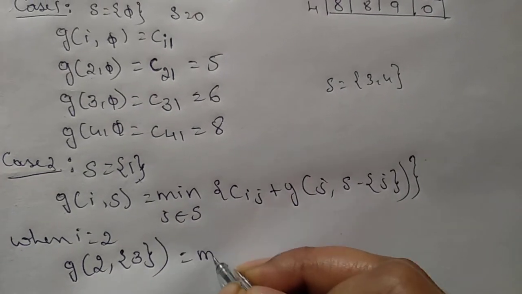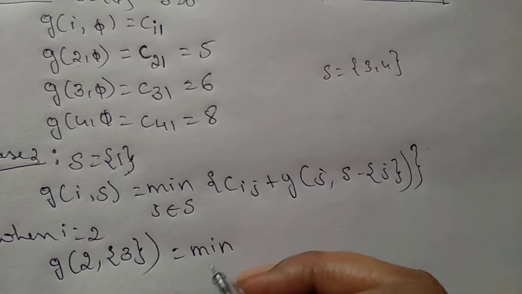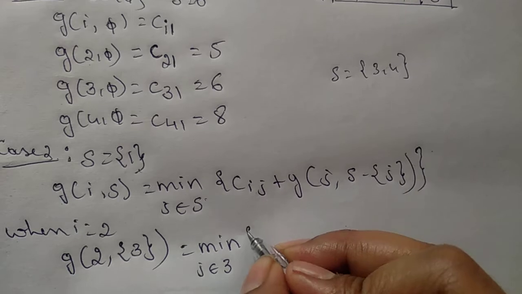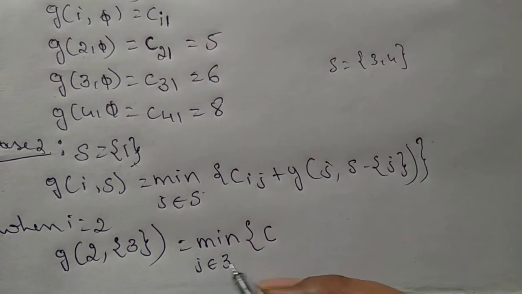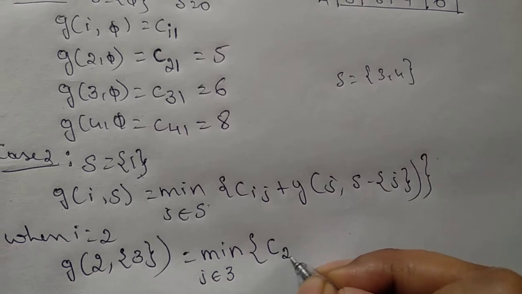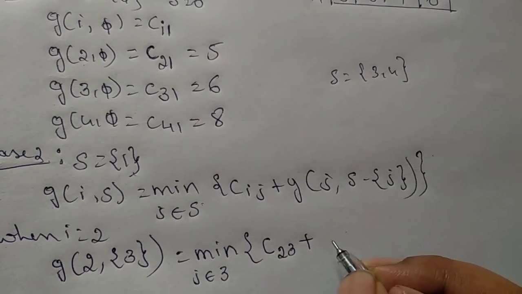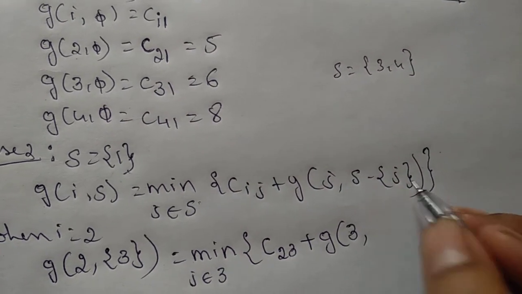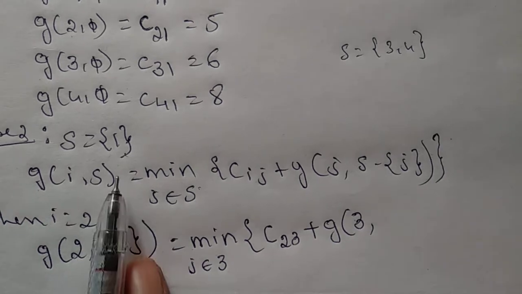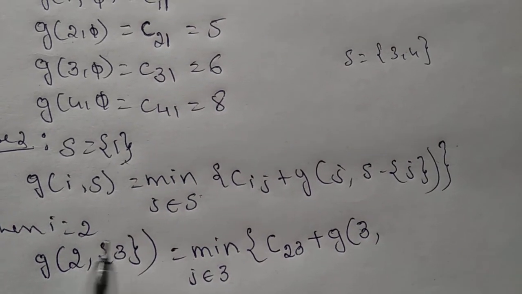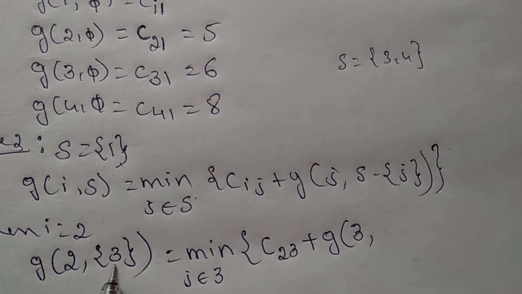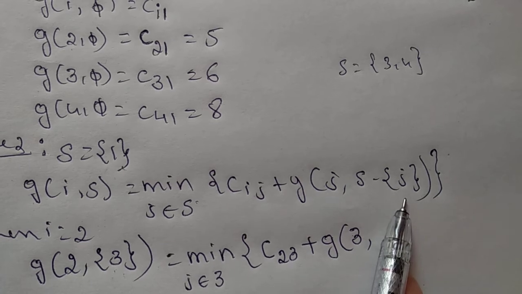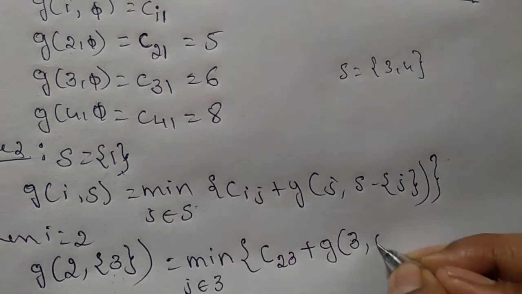Min over j belonging to S, j is 3, i is 2: C of 2 to 3 plus G of 3, S minus j. S is a set with only one value, 3, so 3 minus 3 leaves the empty set. If the third vertex is removed, it is not there, and the value is 5. You cannot consider it as 0.